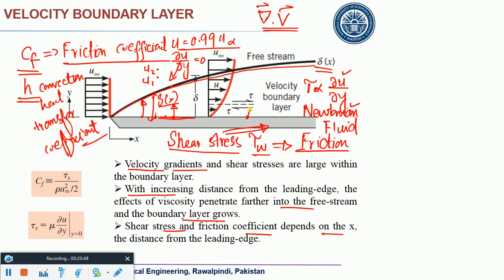As you move up, that feedback is given to this layer, then this layer, then this layer, and this pattern goes on. This is what is meant by penetration. It penetrates into the free stream region. It gives feedback to the upper layer, and that gives feedback to its upper layer, and that is the reason for the development of this velocity boundary layer.